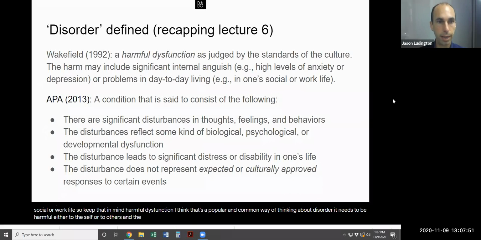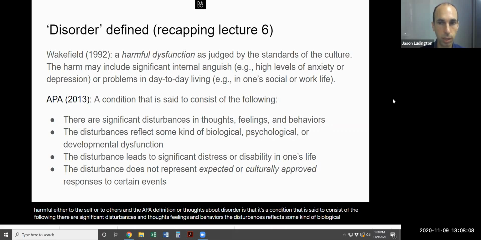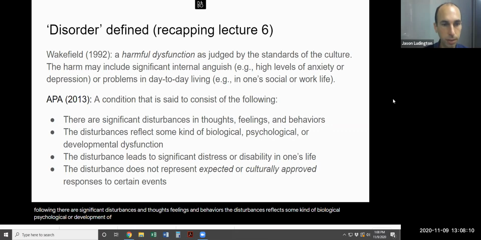And the APA definition of disorder is that it's a condition that is said to consist of the following. There are significant disturbances in thoughts, feelings, and behaviors. The disturbances reflect some kind of biological, psychological, or developmental dysfunction. The disturbance leads to significant distress or disability in one's life.